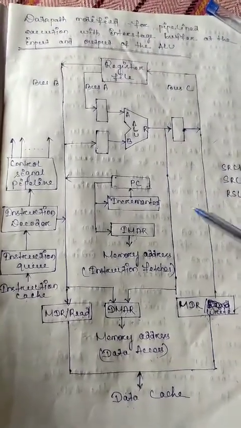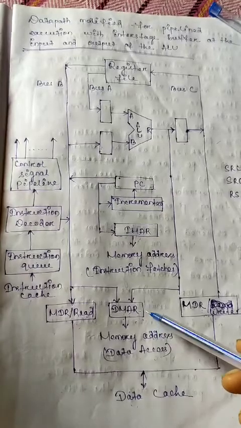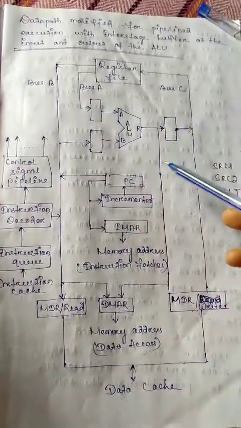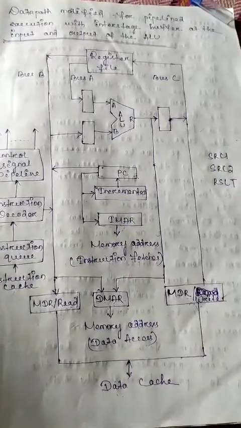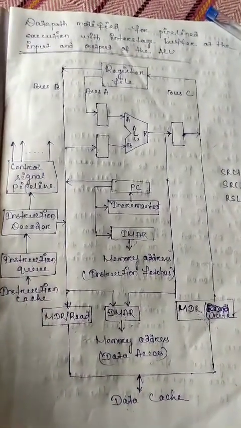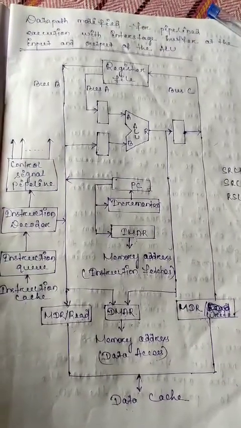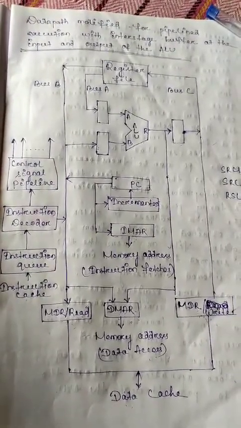The data address in the DMAR can be obtained directly from the register file and also from the ALU. That is the third one, so that you can perform register indirect and indexed addressing modes.